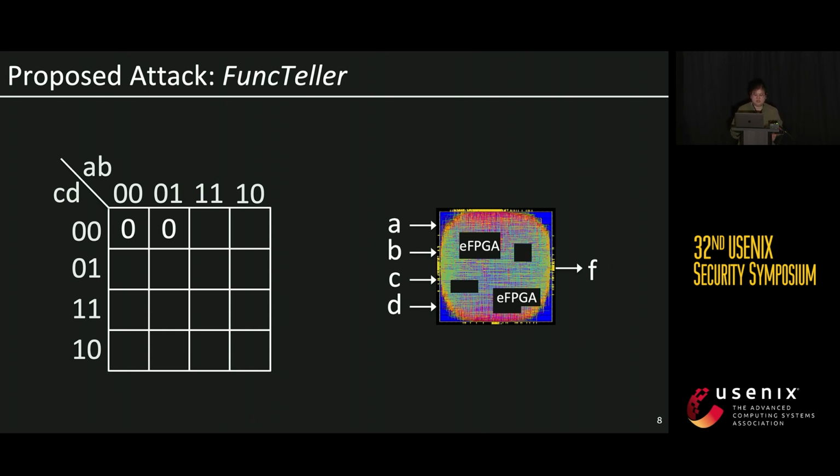Similarly, we could query with other input patterns, and each time we observe the output from the chip. After querying the chip, we record the results in this K-map example. Here it's an example with 4 inputs, so the entire search space size is 2 to the power 4.